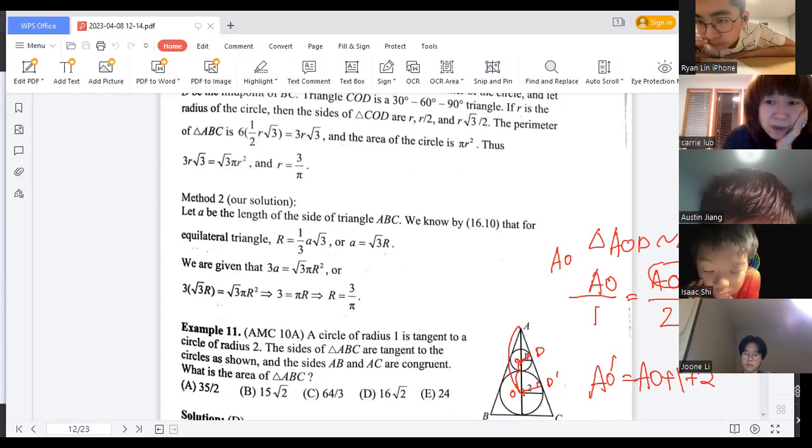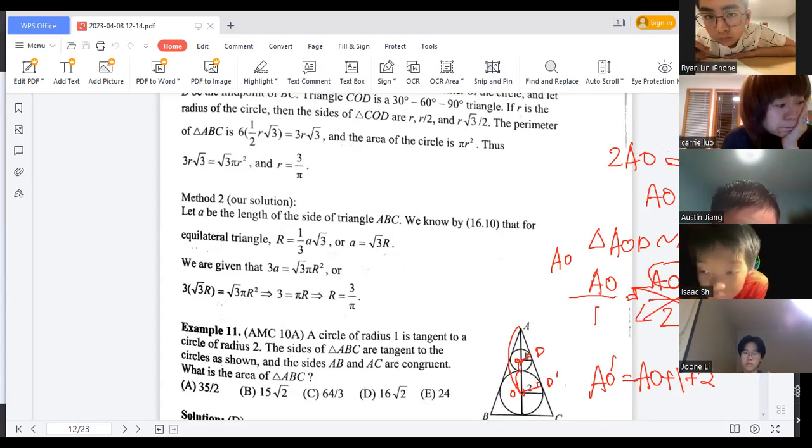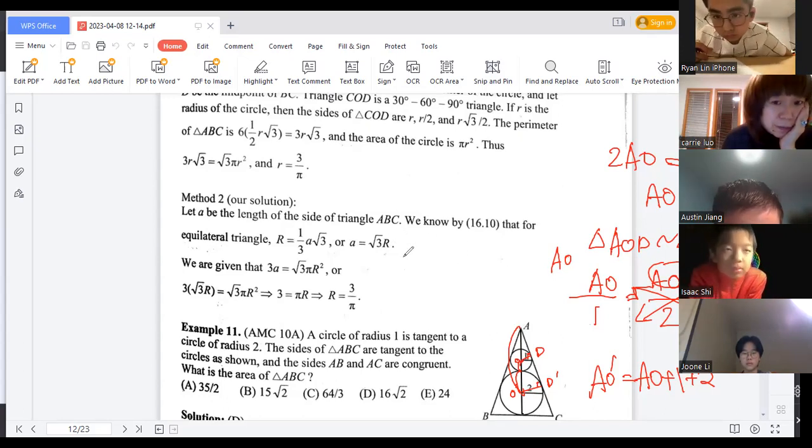So this one I can rewrite as AO over 1 equals AO plus 3 over 2. So this one is very easy, so 2AO equals AO plus 3, so we can easily find out AO equals 3. Correct, everybody? Okay, so when you find out AO equals 3, AD equals what? Very easy.